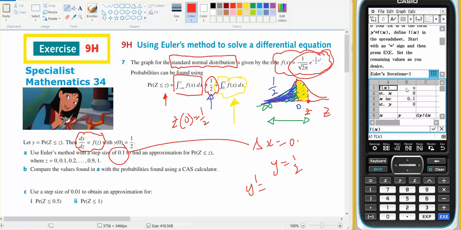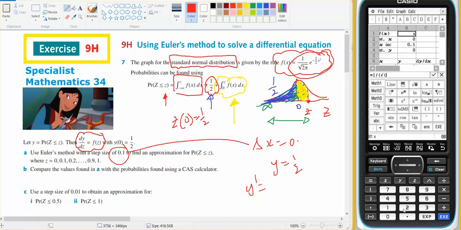Euler's iterations. f of x has to equal 1 divided by, bracket, bring up keyboard, square root 2 pi, close bracket on the square root, close bracket on the division, e to the power of negative x squared divided by 2, close bracket on the e, open bracket, close bracket, open two brackets, close two brackets. Okay, when I press XE, that should be fine.